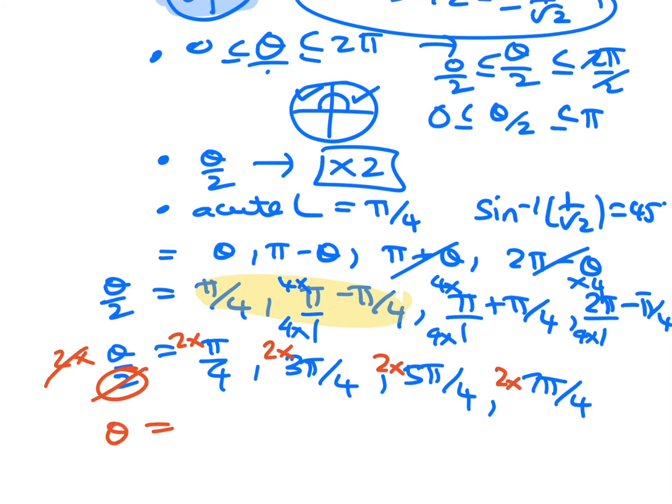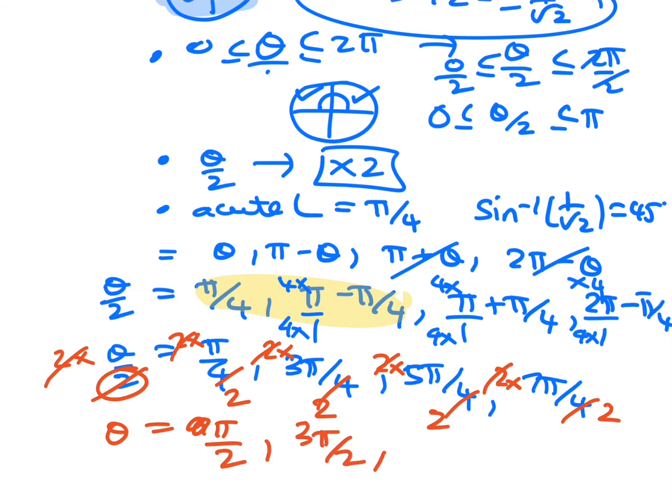They cancel, so theta equals, 2 goes into 4 twice. Alright, so it'll just be pi on 2, 3 pi on 2, 5 pi on 2, and 7 pi on 2.